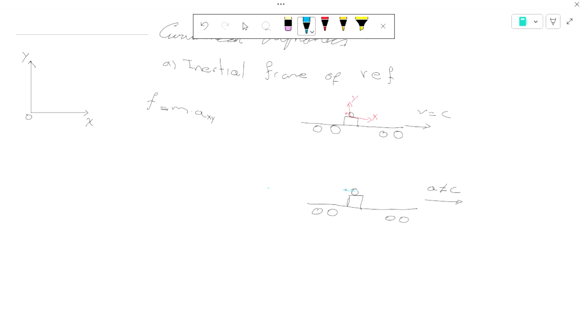Depending on the shape and form of the acceleration curve, this could have a velocity, negative or positive, but this is not an inertial frame of reference because now our coordinate system has its own energy associated with it.